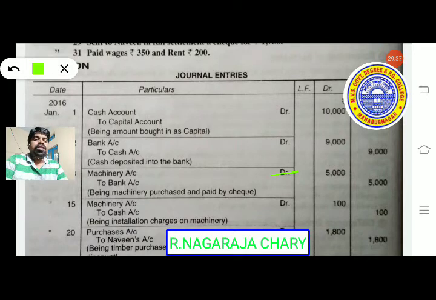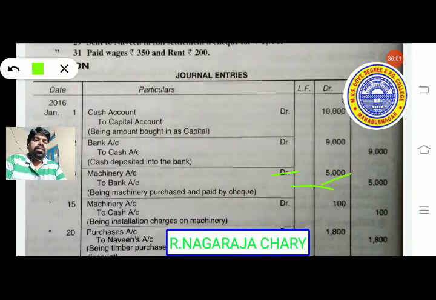So, machinery account debtor, and the bank comes under personal accounts. The person is the giver. According to personal accounts, debit the receiver, credit the giver. So, the journal entry for this is machinery account debtor to bank account.